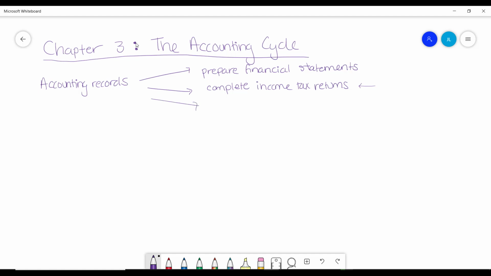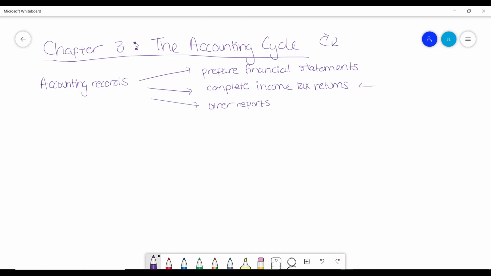They also will be used to create other financial reports. So the accounting records are very important when it comes to applying the accounting cycle. We can't go through the accounting cycle without the use of accounting records.